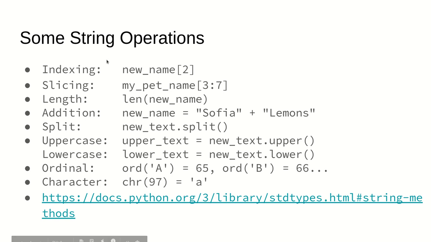So we've already seen indexing, that we can get particular characters from the string by indexing, that we can get portions of the string by slicing, and that we can check the length of the string using the len, L-E-N function. We can add strings together, or in other words, concatenate strings to make longer strings.